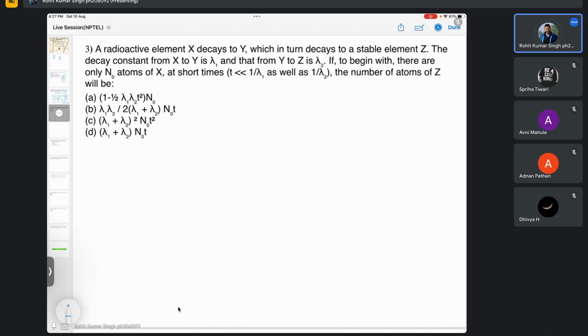Let's read the question. A radioactive element X decays into Y, which in turn decays into a stable element Z. The decay constant from X to Y is lambda 1, and from Y to Z it's lambda 2.